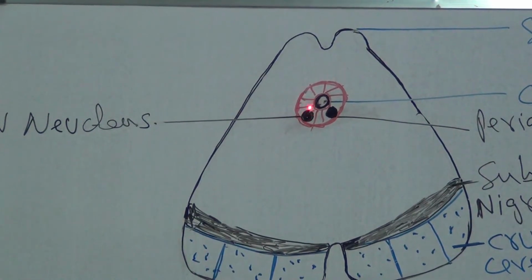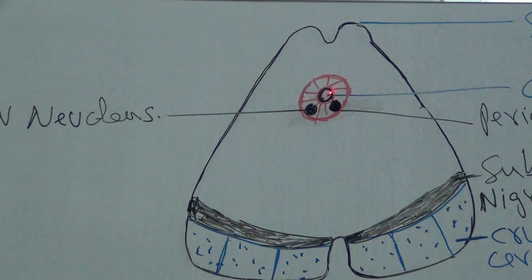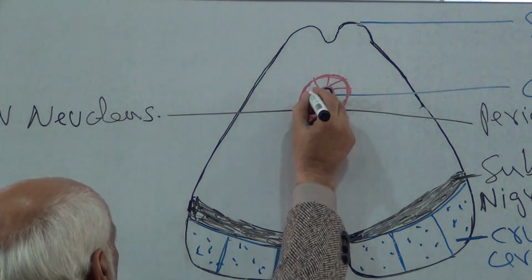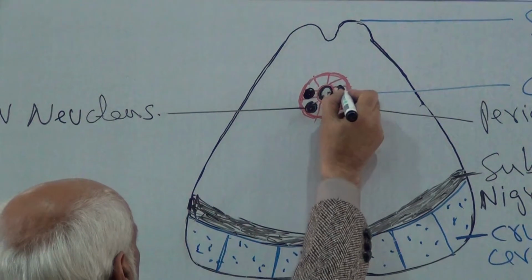Then again in the central gray matter, lateral to the cerebral aqueduct is the mesencephalic nucleus and tract of the trigeminal nerve on each side.